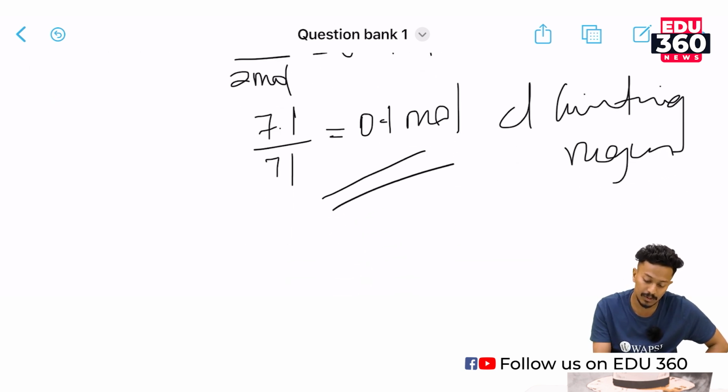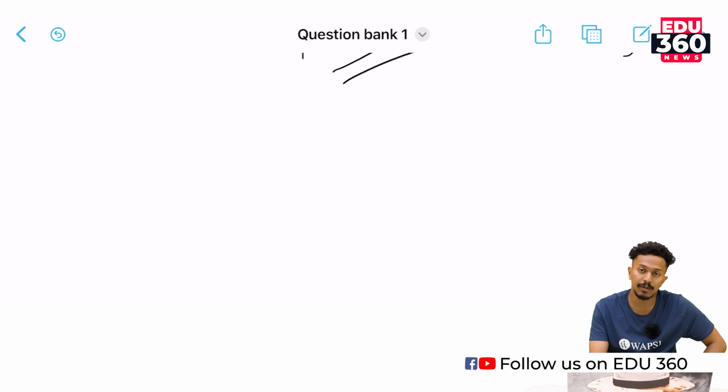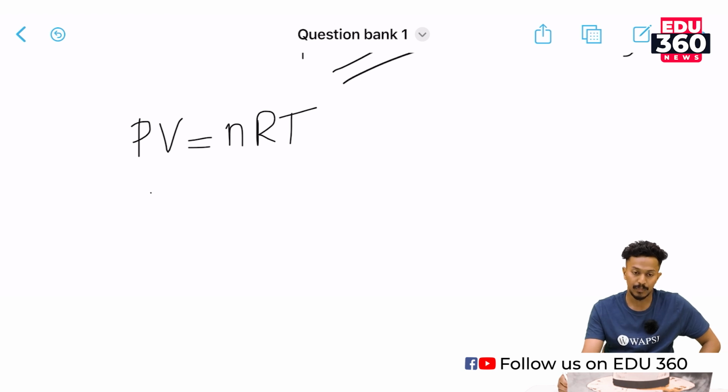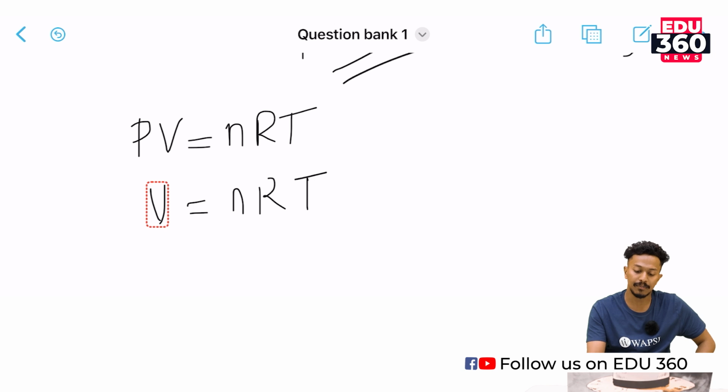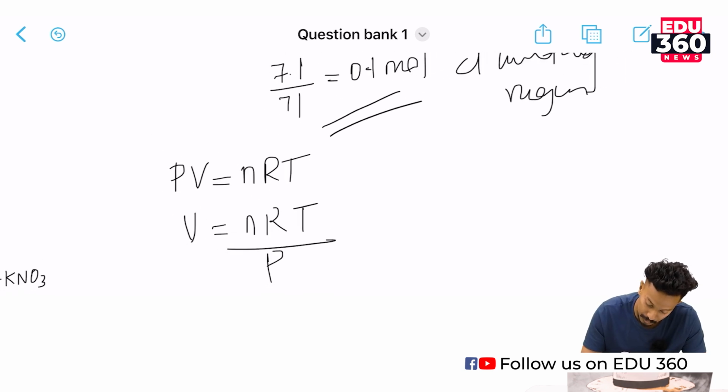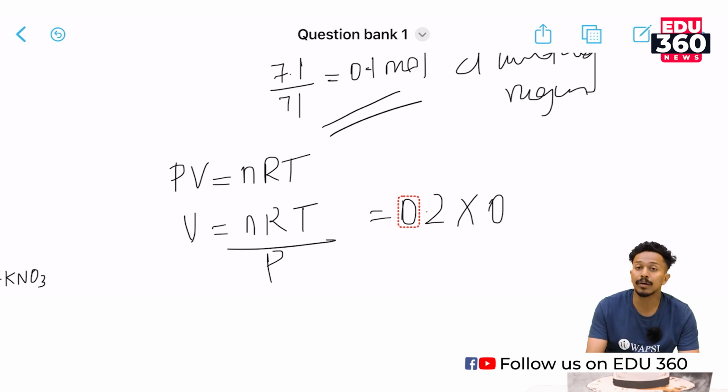So we could easily calculate the volume by the PV is equal to nRT equation. V is equal to nRT by P. Okay, the number of moles present here is how much? 0.2. Am I right? 0.2 moles into R at a pressure of 1 bar. Yes, 1 bar pressure.